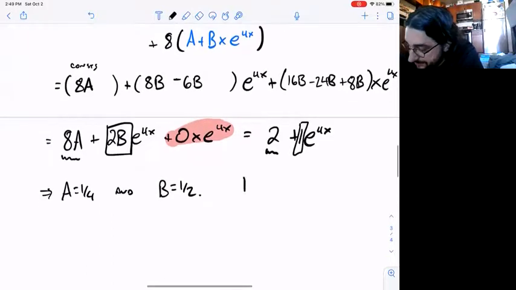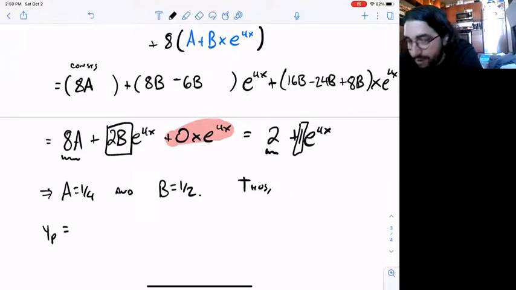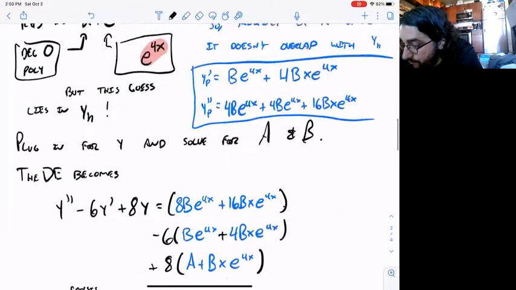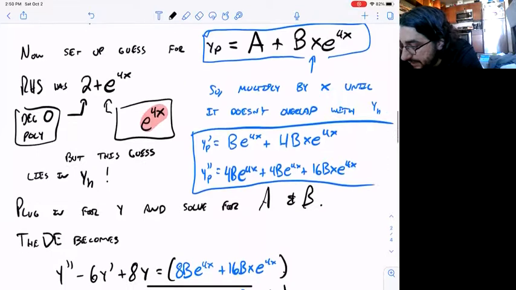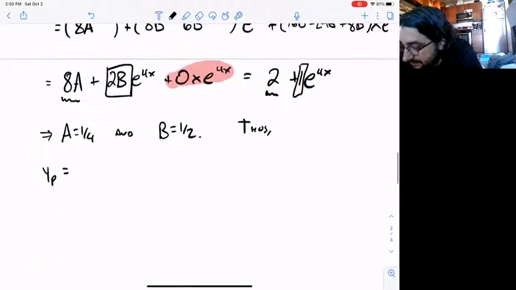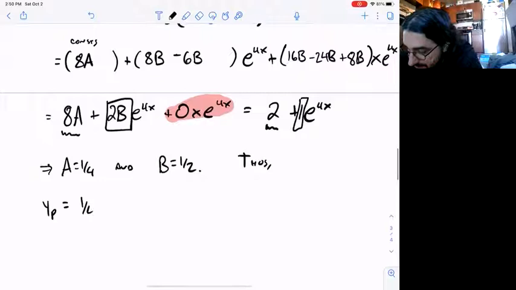So y particular then is a plus bx e to the 4x.